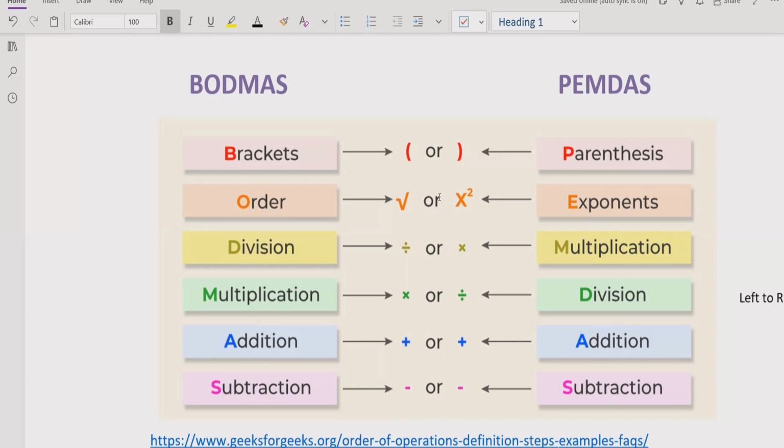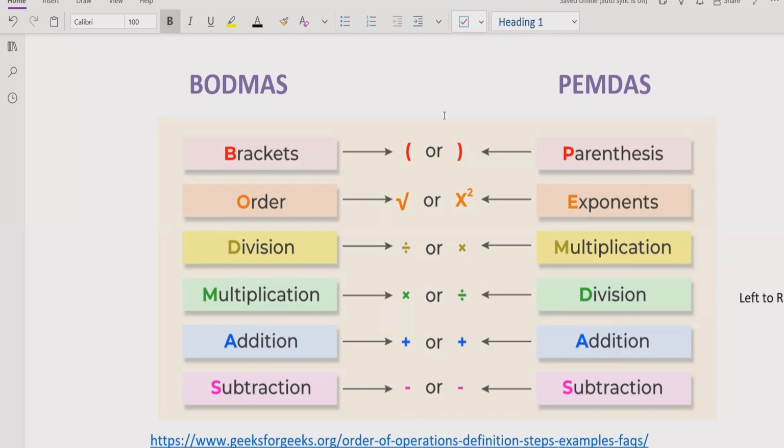Don't worry about whether you are using the PEMDAS or BODMAS method. Similarly, for addition and subtraction, we have the same rule. You have to go left to right. If your expression does not have any division or multiplication left, you solve the addition and subtraction. If subtraction is coming first, you solve subtraction first. And if addition is coming first, you solve the addition first.